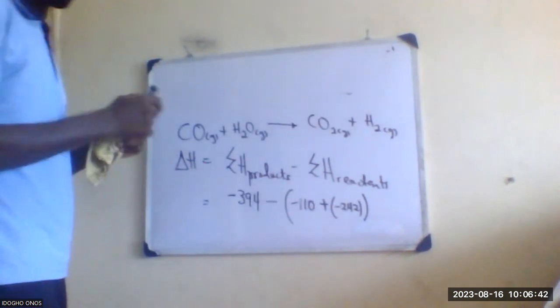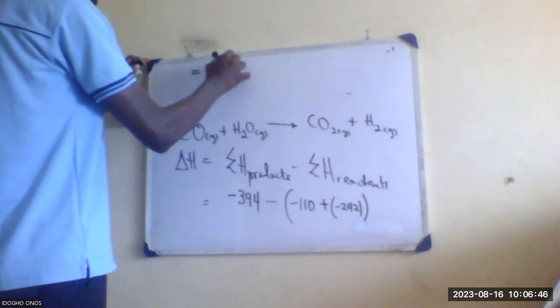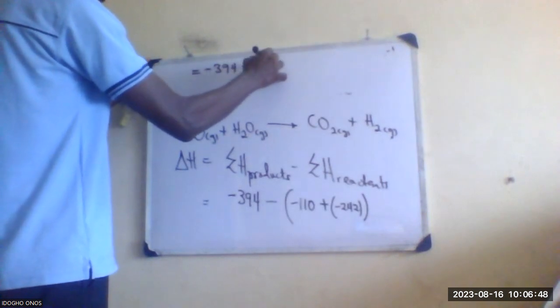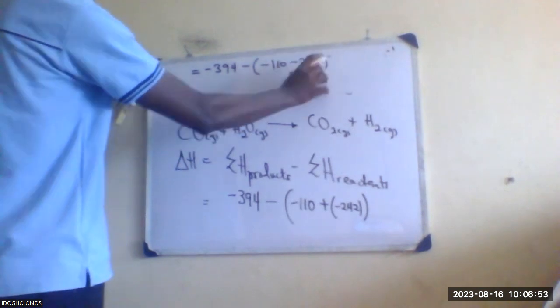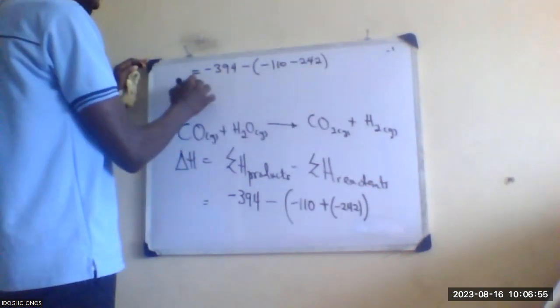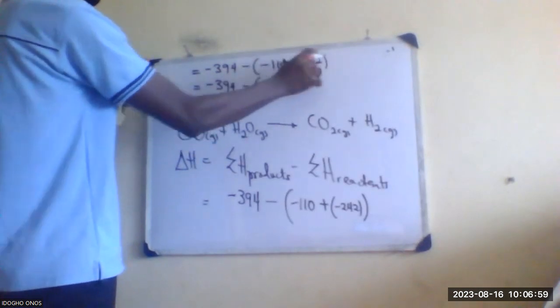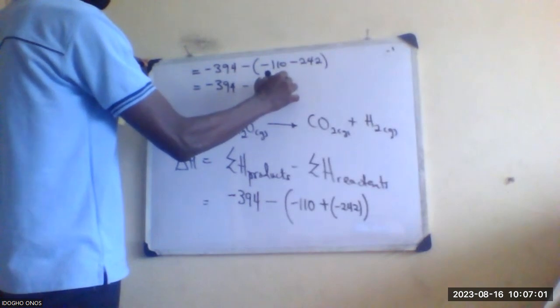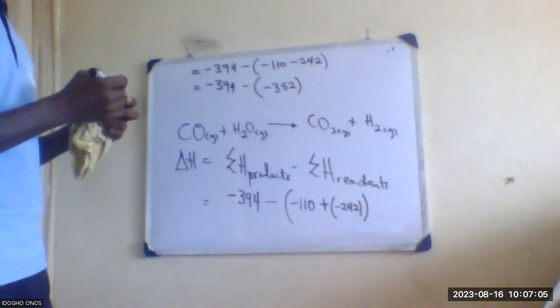Plus times minus will give me minus. So I will now have minus 394 minus 110 minus 242. If you solve what is inside the bracket first, that will give me minus 352. Any question? No question. Okay.